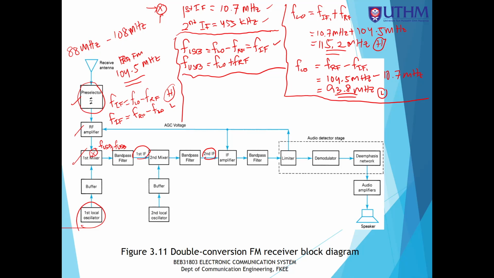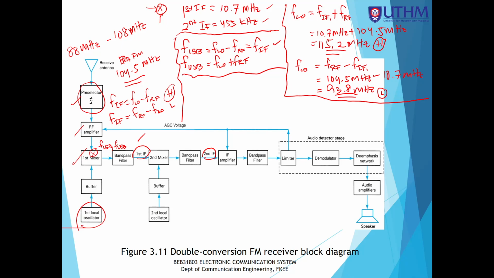FLSB is the lower frequency, which is the intermediate frequency, and FUSB is the higher frequency that we don't actually want. We can remove it through the filter. So how much is the FUSB produced by the first mixer? I know that the FLSB that I want from the first mixer is the first IF, which is 10.7 megahertz.